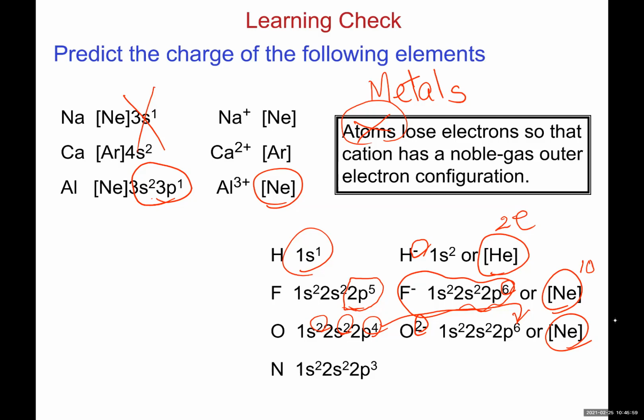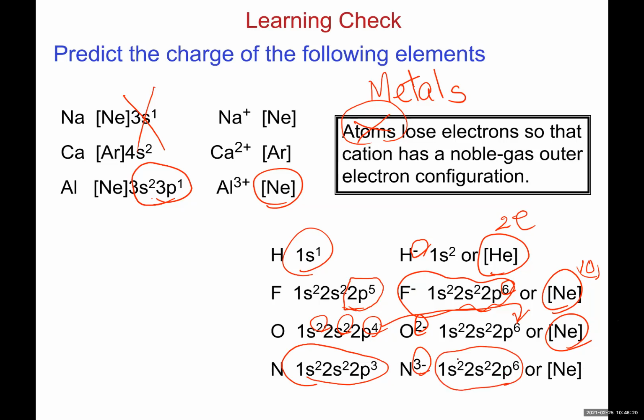And if I look at nitrogen, how many total electrons? 7. How many does nitrogen need to become like neon, which has got 10 electrons? 3 more. So nitrogen gains 3 electrons. It's N-3 because each electron has 1 negative charge. Look at the number of electrons. 2 plus 2 is 4, plus 6 is 10. So again, this has gained the stability of a noble gas, neon.